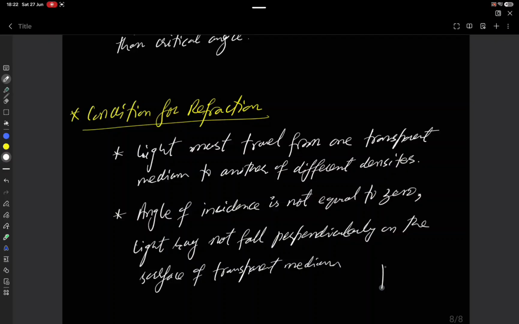So if the light ray falls perpendicularly, it goes straight, at a 90-degree angle. So there is no refraction, there is no bending. Glass block.